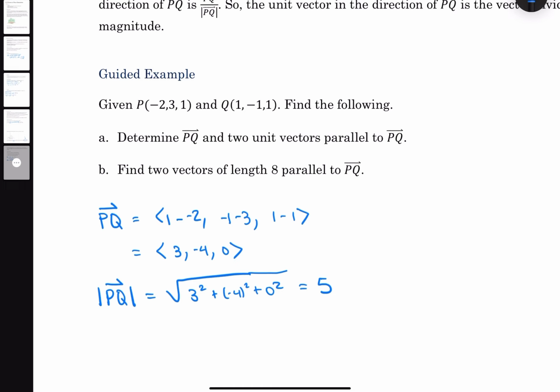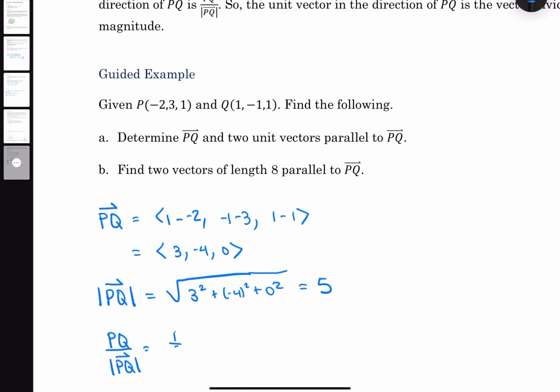So the magnitude of PQ is 5. One of the 2 unit vectors is you just divide PQ by the magnitude of PQ.